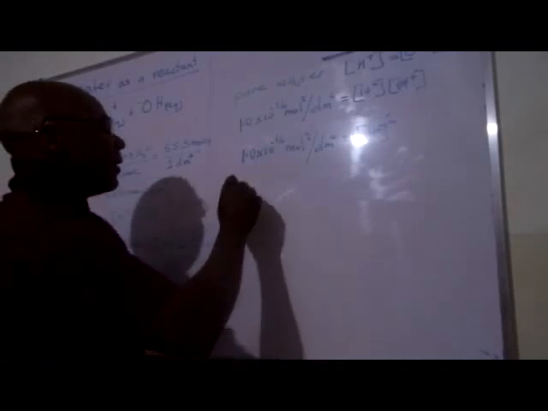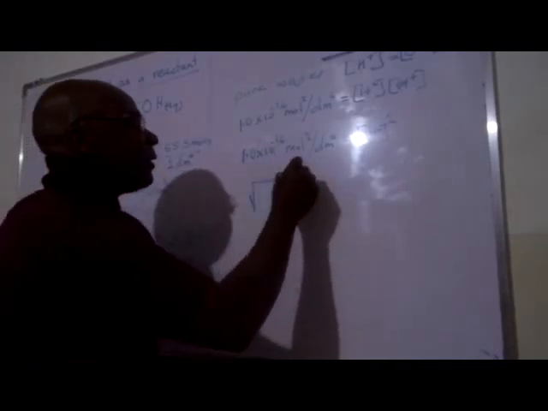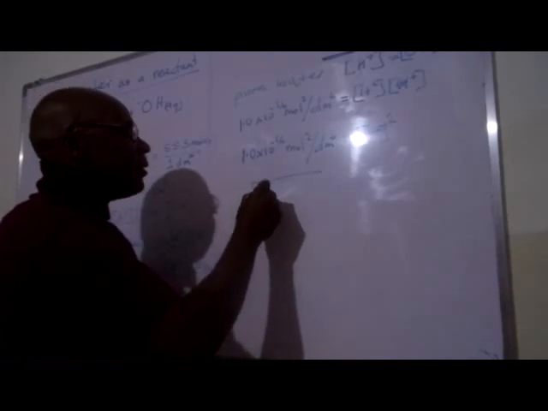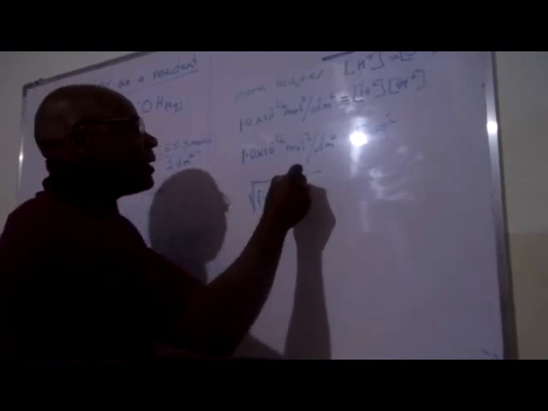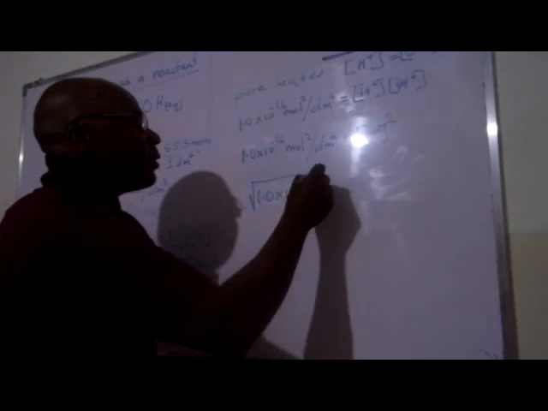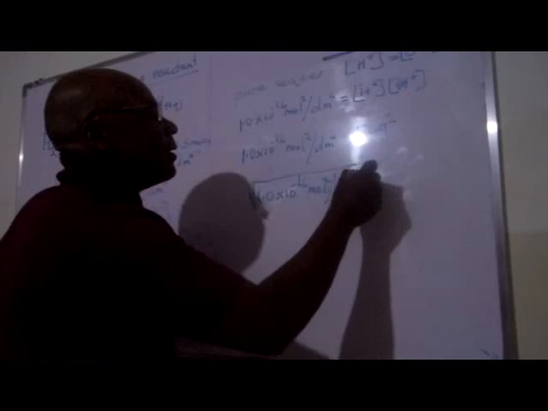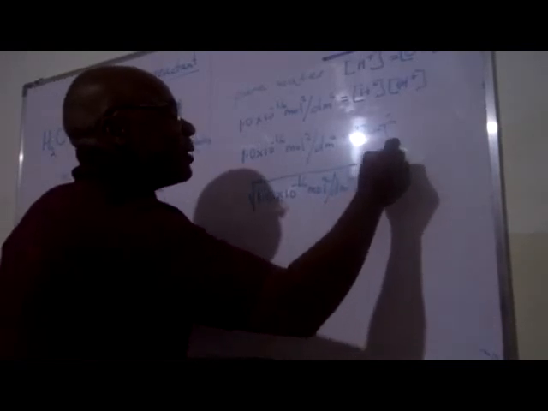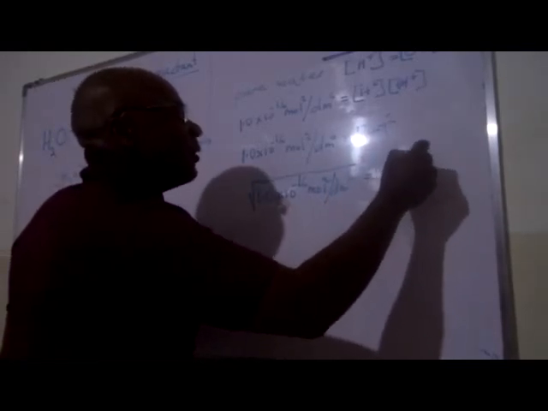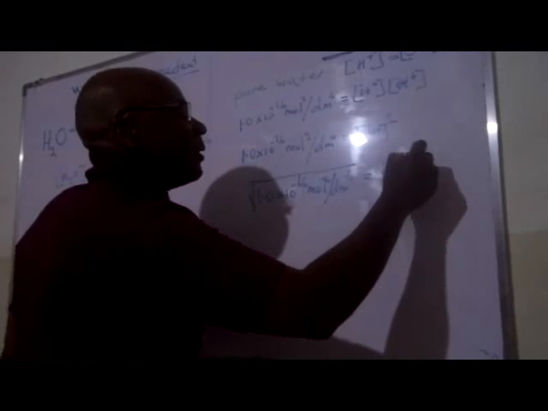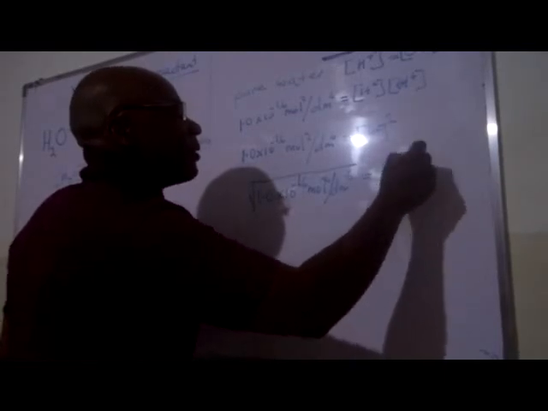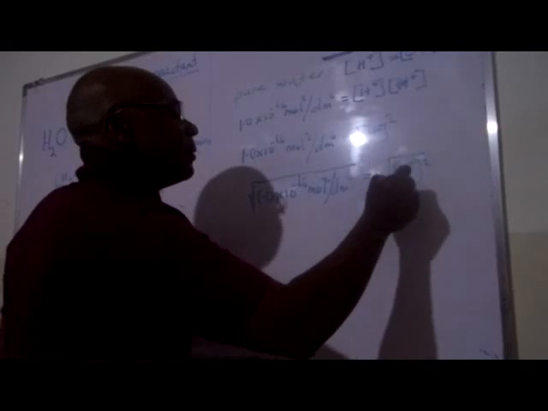We can then find the square root of both sides. So we can say the square root of 1.0 times 10 to the power minus 14 moles squared per decimeter to the 6 is equal to the square root of hydrogen ions squared.